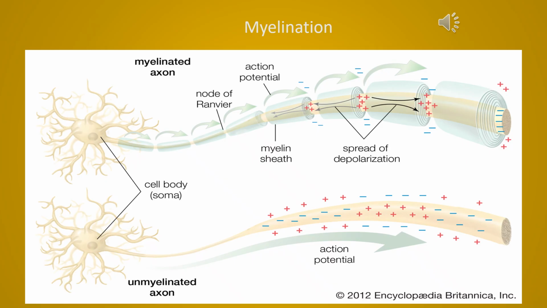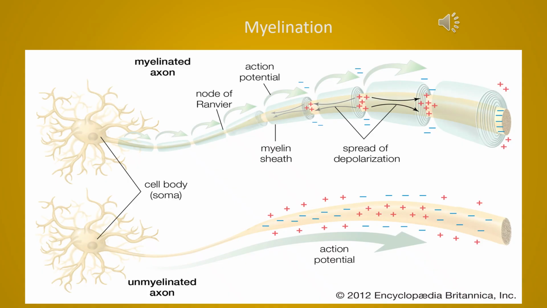Myelin is contributed by oligodendrocytes in the central nervous system. The same myelin is contributed by Schwann cells in the peripheral nervous system. So here in the illustration, we have a myelinated axon, and down below we have a non-myelinated axon.